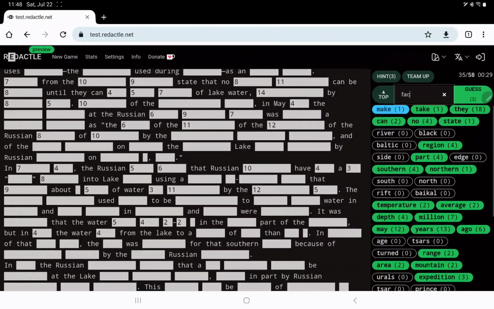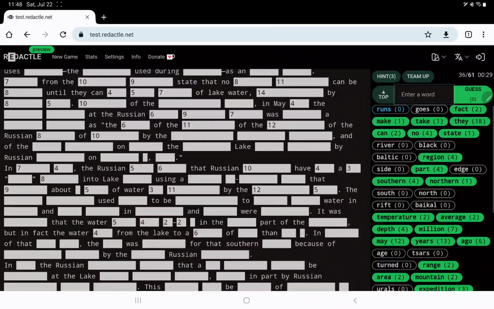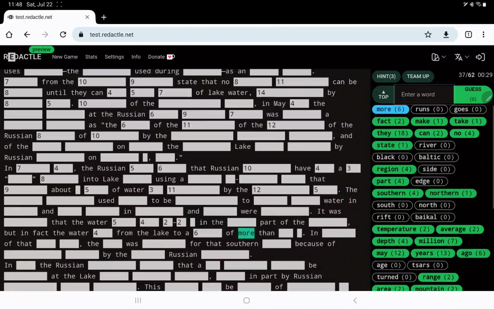But in fact, the water goes, no, runs something from the lake to a something of more than, to a something of more than.